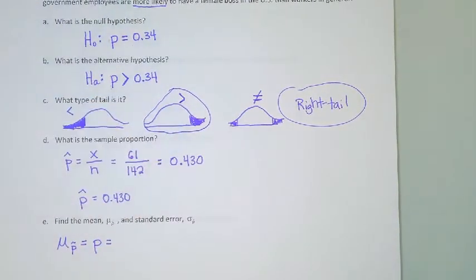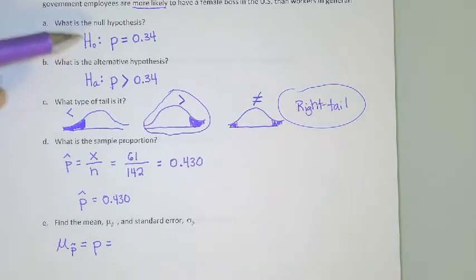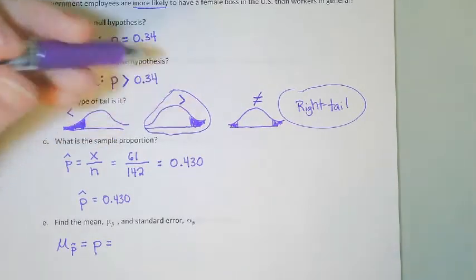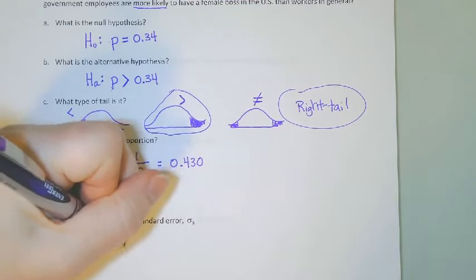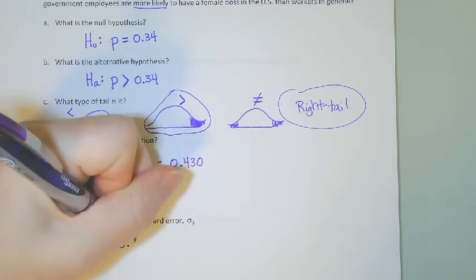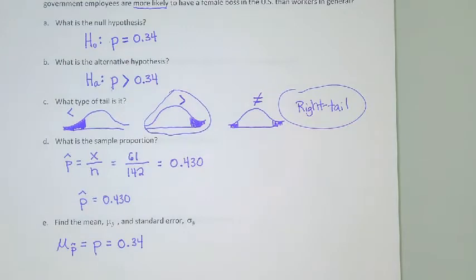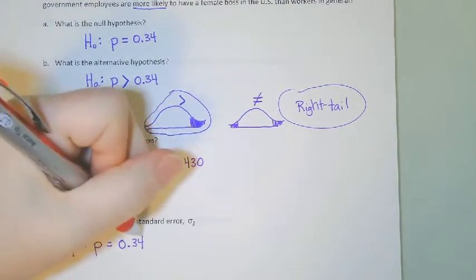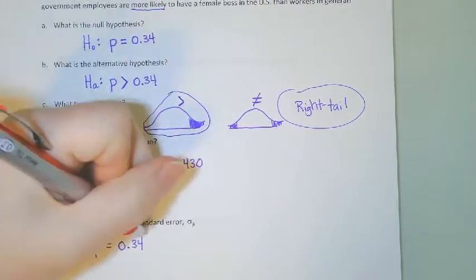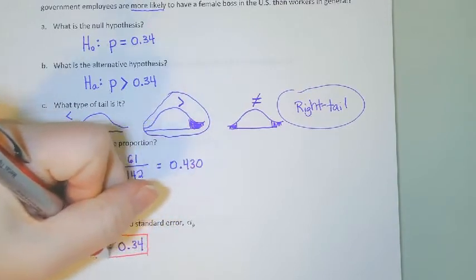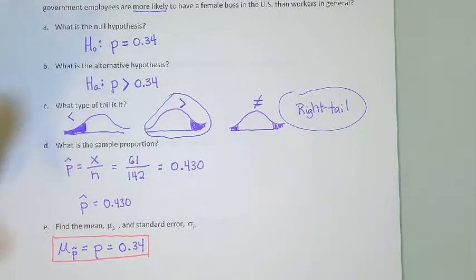And that's something we've already determined. We've already determined the population proportion is 0.34. So that would be the mean of our sampling distribution of sample proportions.